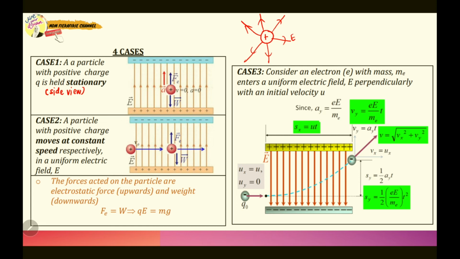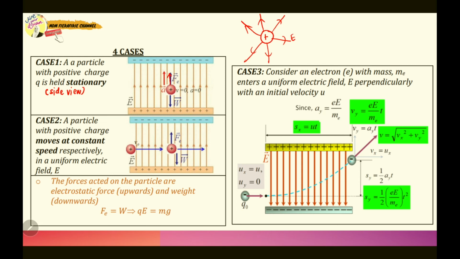Since this is a positive charge, the electrostatic force on the particle would be in the upward direction, because a positive charge will be attracted to the negative plate. And we have the weight of the particle, and the direction of the weight is downward.